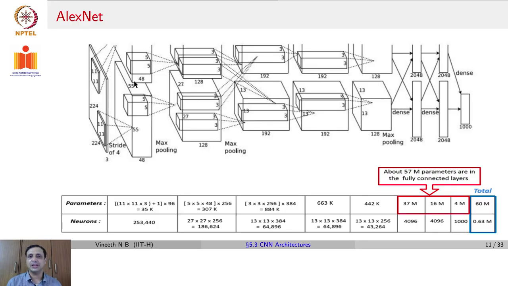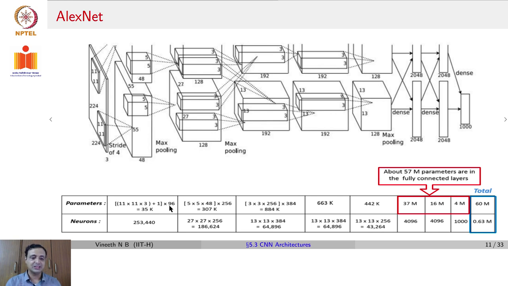So the designers of this architecture tried to take advantage of two processors that they had, in particular two GPUs, into which they simultaneously forked out these volumes and then combined them in later layers. Where you see these cross inputs as dotted lines is when the output of one GPU was also fed to the other GPU, and so on and so forth. These cross links in the architecture should help you understand in which layers that was done.